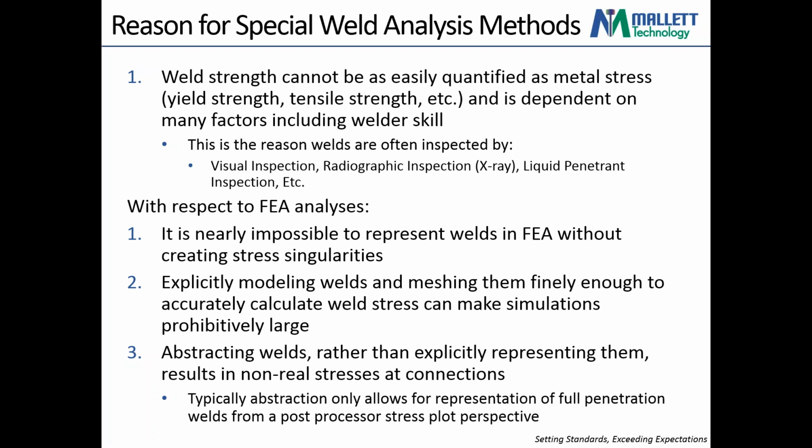For instance, if I have a T-junction between two metal plates that is welded on both sides, and I abstract the welds, so essentially I just join the two plates together rather than representing the welds, and I look at the stress at that joint, that is no longer real, because the presence of the weld in that actual structure would impact the stress in that region. So if we abstract the welds, we can no longer just look at a stress plot and say, here's the junction, this is the stress.